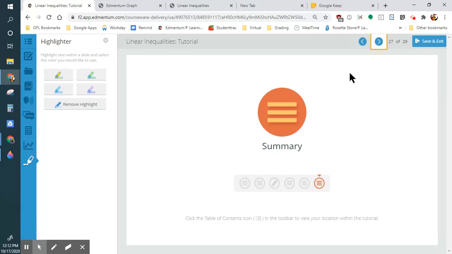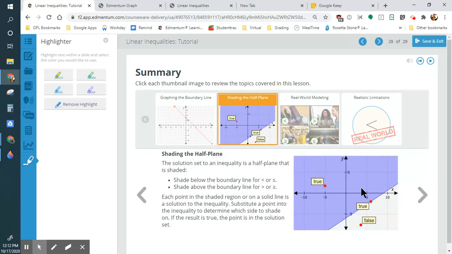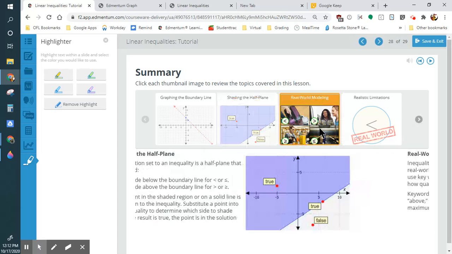All right, so let's take a look at our summary. What did we learn today? We learned graphing boundary lines. If it's a dashed line, there's no or equal to sign. If it's a solid line, it has that or equal to. It's true where it's shaded. If we're shading less than, it's below the line. If we're shading greater than, it's above the line.